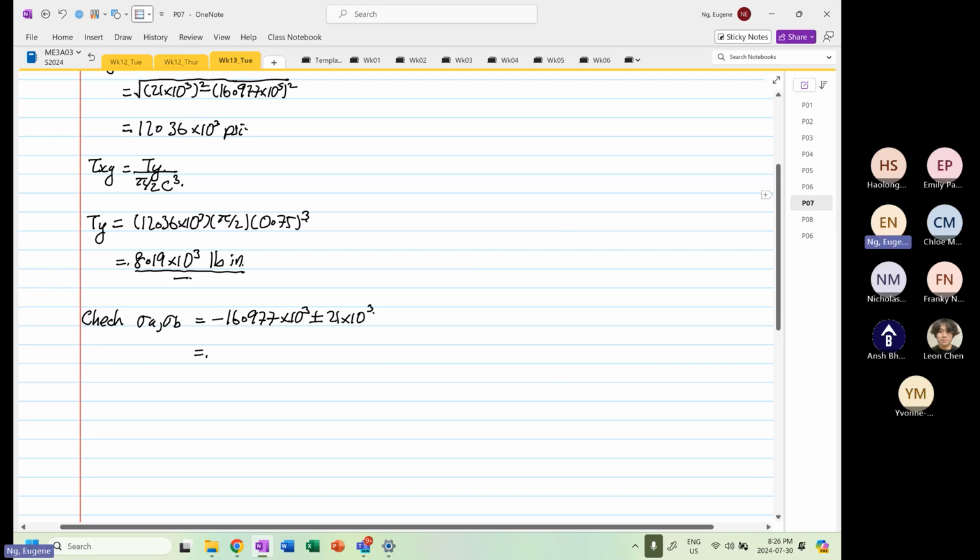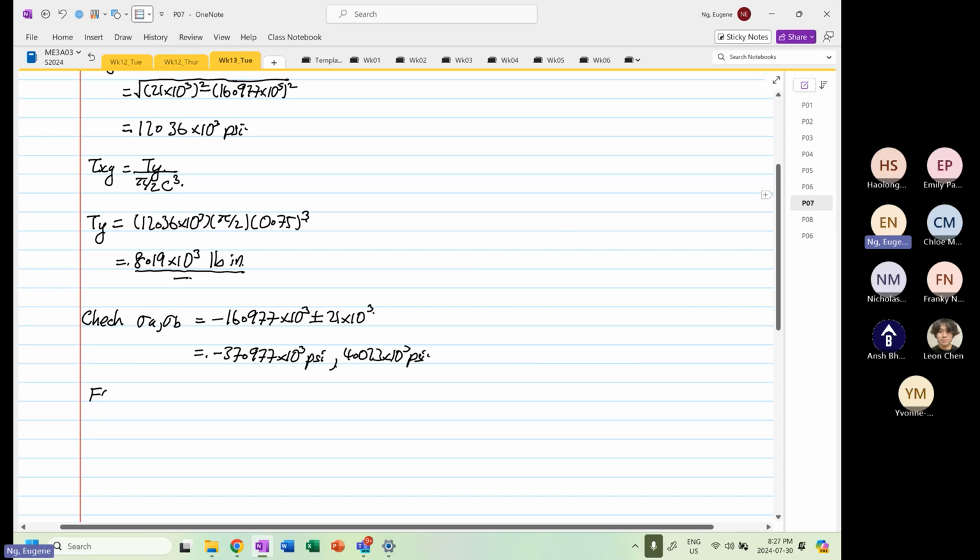So minus 16.977 minus 21 is minus 37.977 times 10 to the power 3 psi. And then the other value is equal to 4.023 times 10 to the power 3 psi.